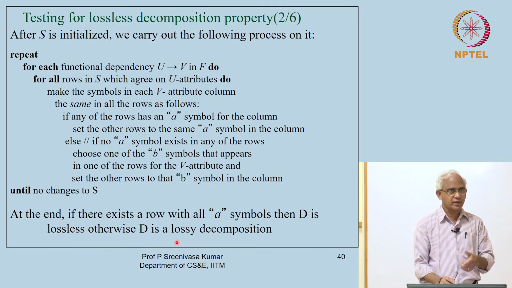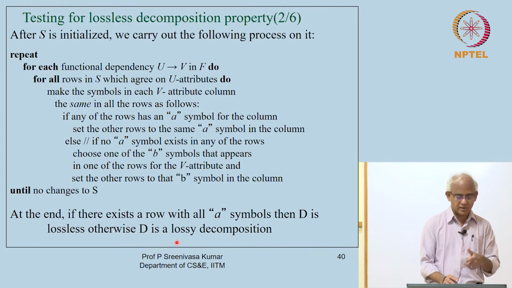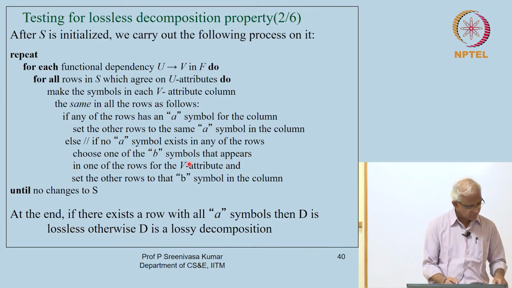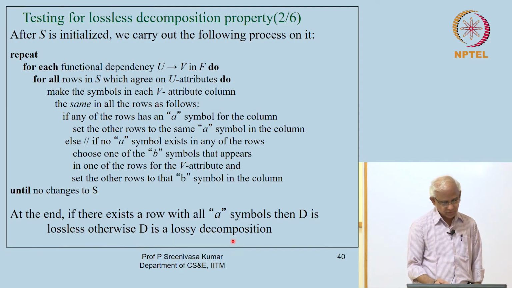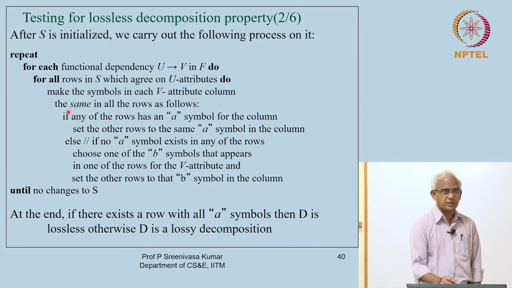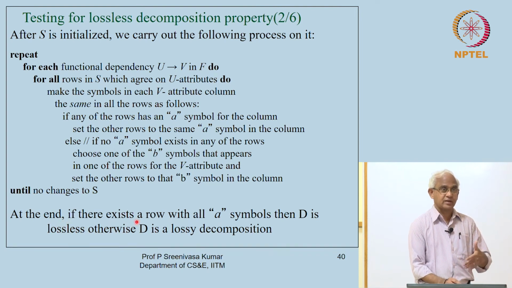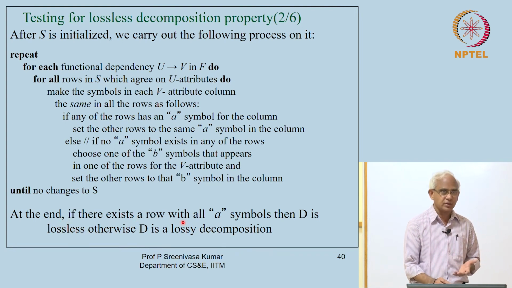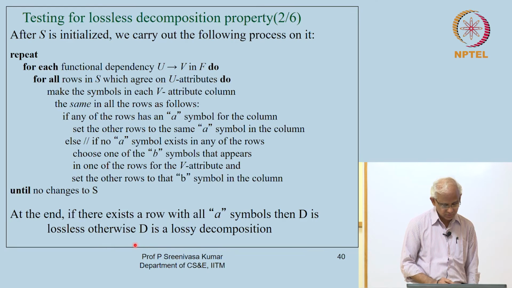I urge you to take that example and try this out. Anyway, I am going to give you an illustration. At the end of all these changes to the matrix, what we check is whether there exists a row with all A symbols. If that is the case, then D is lossless, otherwise D is lossy.